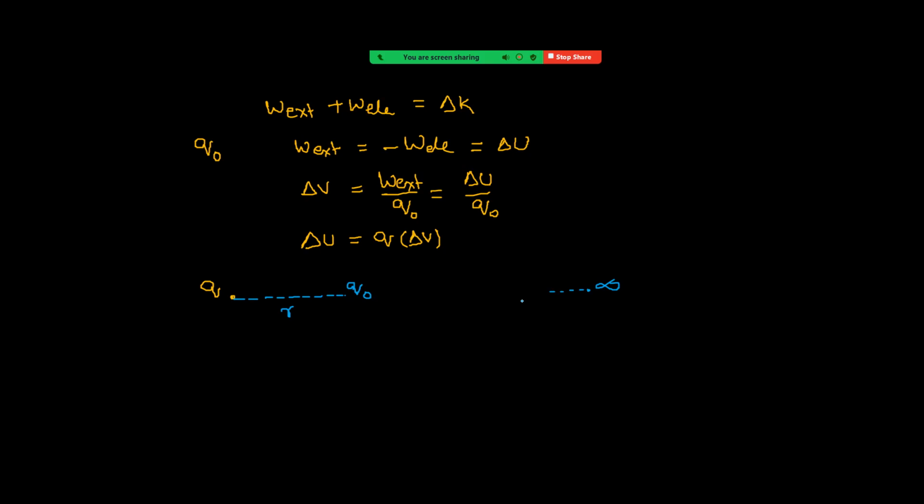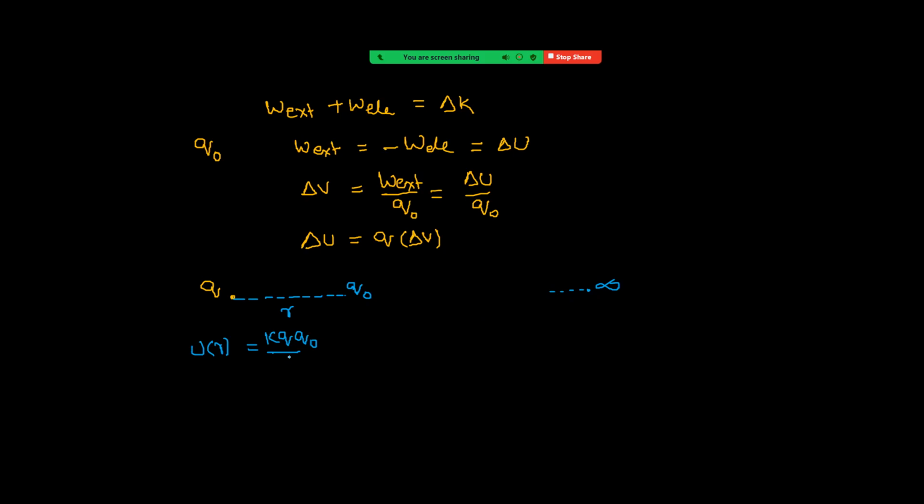Earlier we have discussed that potential energy for a two particle system is equal to K Q Q naught by r, right? But here initially the separation is infinity, bringing Q naught from infinite separation.